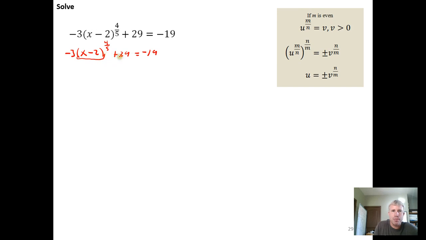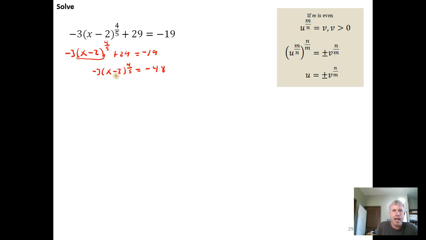We want to isolate this expression right here. So I'm going to start by subtracting 29 from both sides, which gives us negative 48, since negative 19 minus 29 is negative 48. That leaves us with negative 3 times x minus 2 to the 4/5 power.